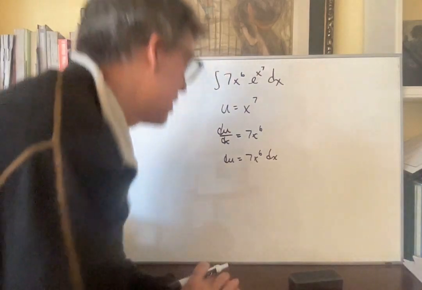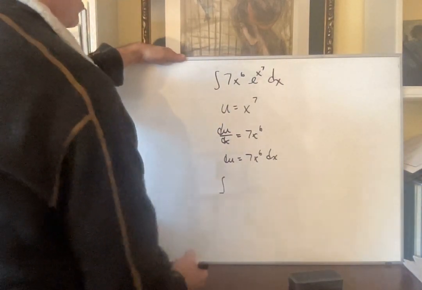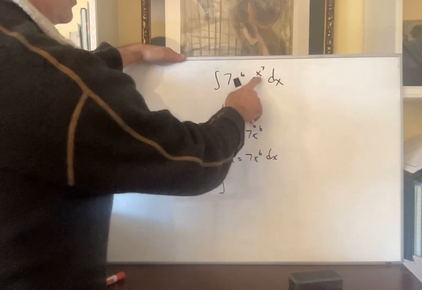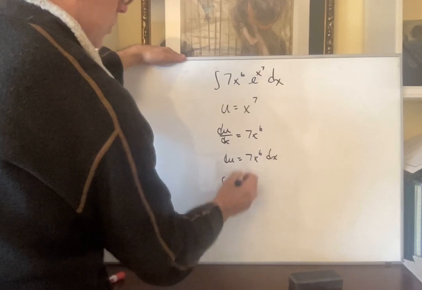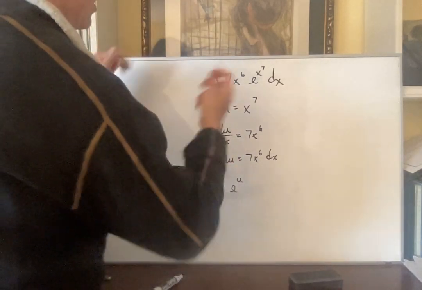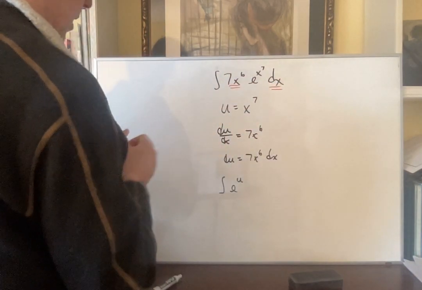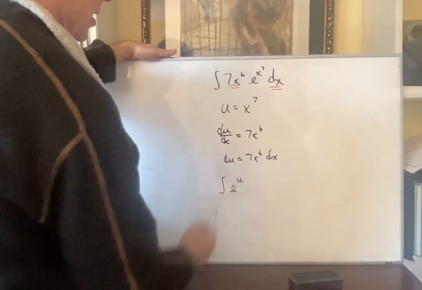Okay, here's what I get. Integral sign, integral sign. I'm going to ignore this thing here for a second. I'm just going to focus on this guy, e to the x to the 7th. I'm just going to call that e to the u. And then the only other part that I'm missing up here is that stuff. But guess what? That's just what du equals, isn't it?